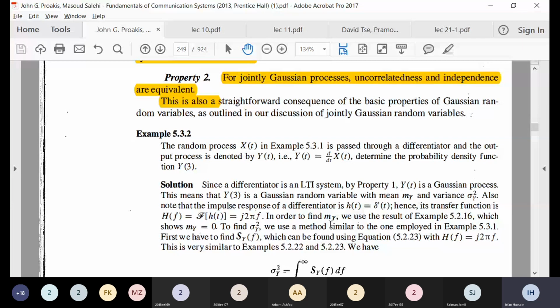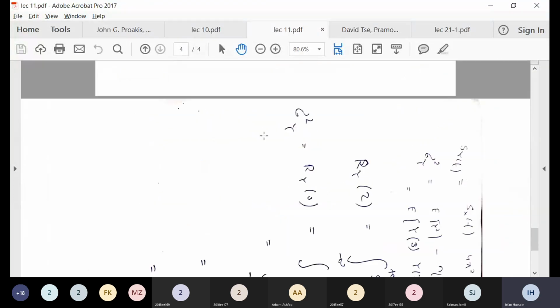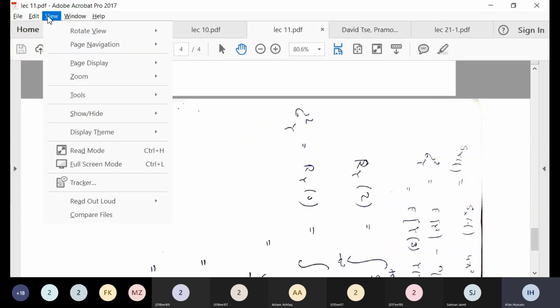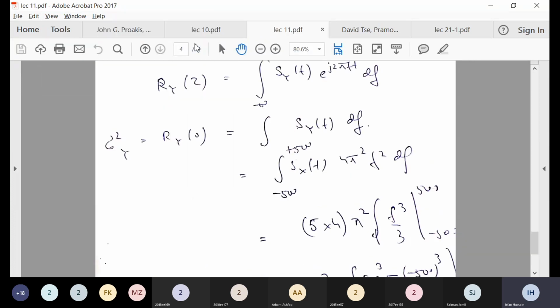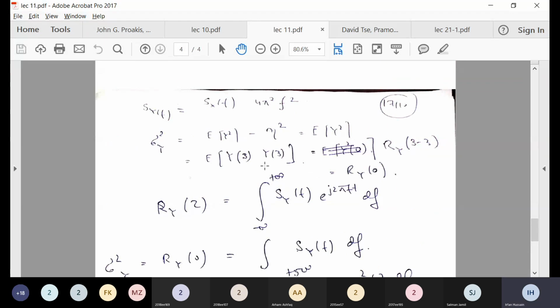Now we want to find the variance. For variance, what can we do? First of all, the output spectral energy is the input times the magnitude squared of H(f) of the differentiator. Since the mean is 0, the variance is E of y squared.